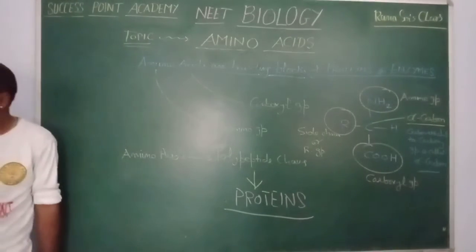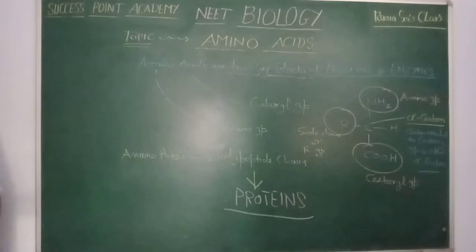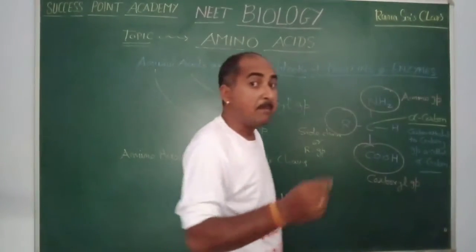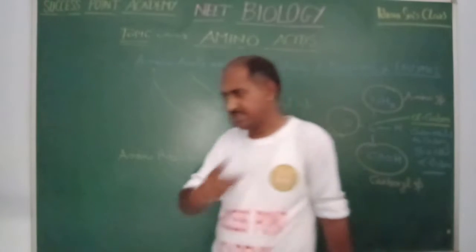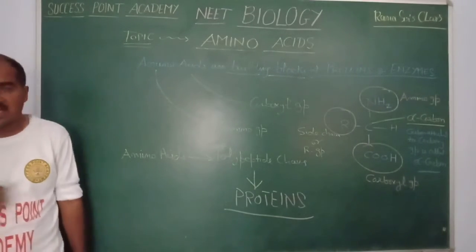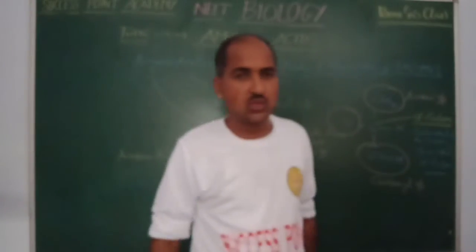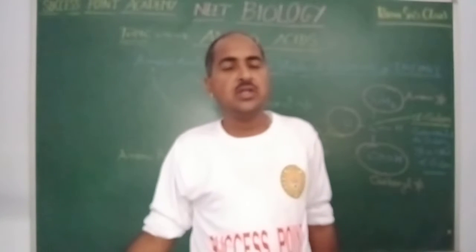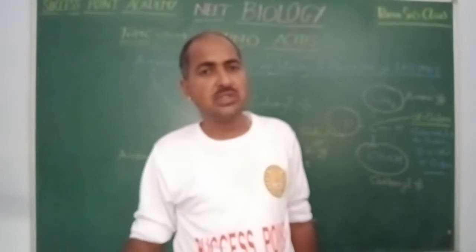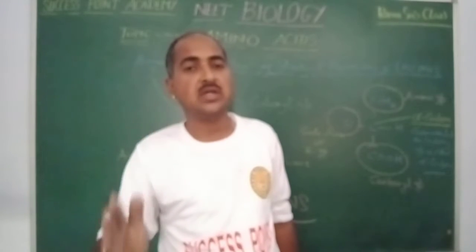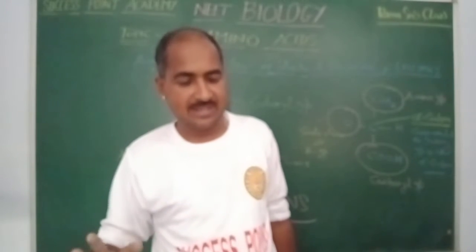Guess! They are selenocysteine and pyrrolysine. So if we include these two, then in total there are 22 genetically encoded amino acids.